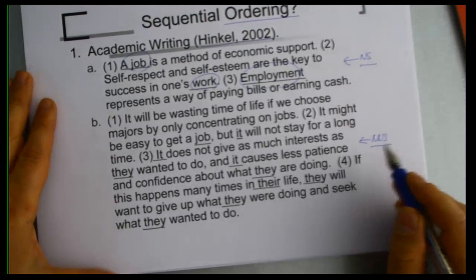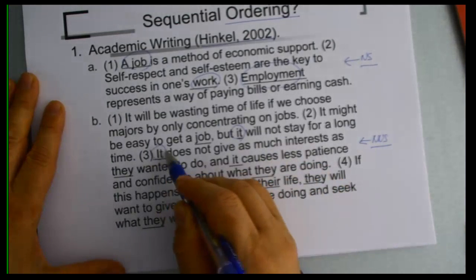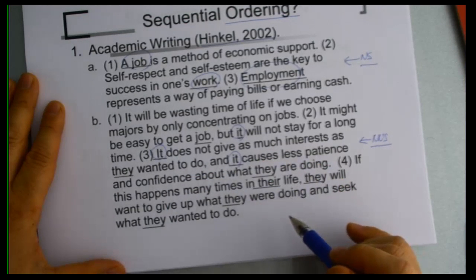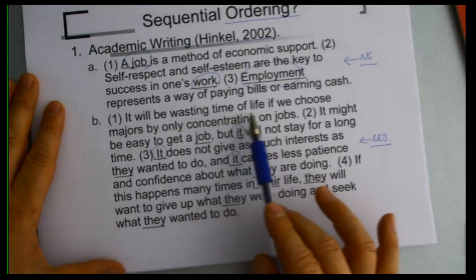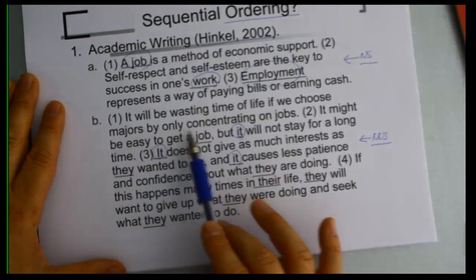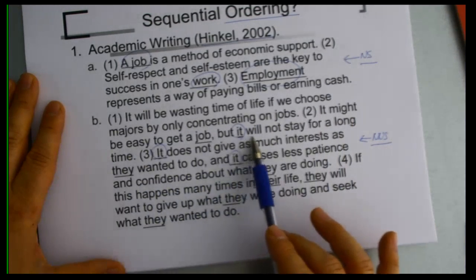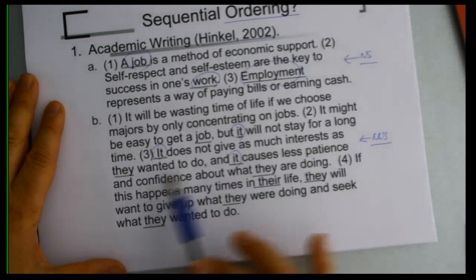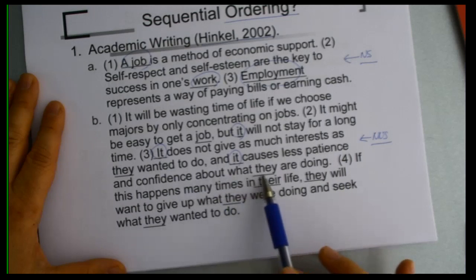Whereas this non-native writing, if you look at it, has a lot of pronouns that are not used effectively. Take a look. It will be wasting time of life if we choose majors by only concentrating on jobs. It might be easy to get a job, but it will not stay for a long time, and it does not give us causes less patience and confidence about what they are doing.